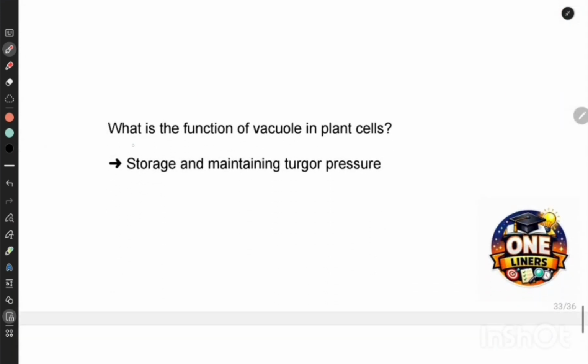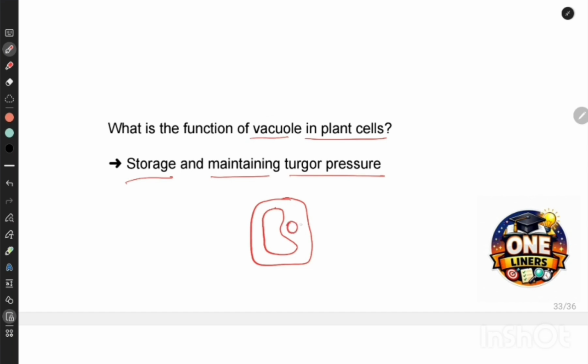Next one. What is the function of vacuole in the plant cell? So function of vacuole is storage and maintaining turgor pressure. Okay. So what do you mean by maintaining turgor pressure? For example, this is a cell. Okay. And this is food vacuole. This is nucleus. This is vacuole.